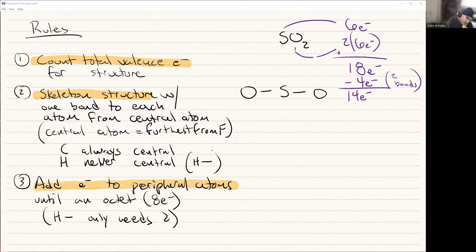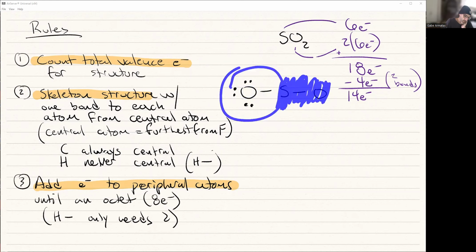Okay, so if we take a look at this, I'm going to add 1, 2, 3, 4, 5, 6, because I already have 2 electrons on sulfur. So total oxygen has 2, 4, 6, 8 electrons. Oxygen is happy, right? If I look at just the oxygen, it has 8 electrons around it and it's happy.